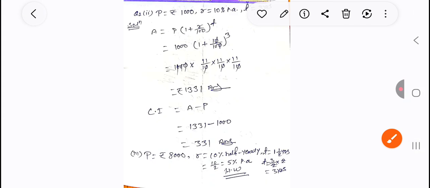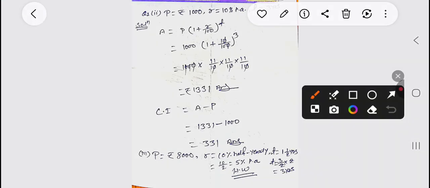Question number 2. In this question, principal is given 1000 rupees, rate of interest 10% per annum, and time is 3 years. So first apply the same formula of amount, principal into (1 plus rate upon 100) to the power time T. Principal is 1000 rupees into (1 plus 10 upon 100) to the power 3.